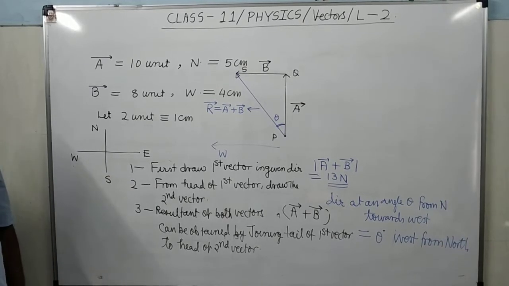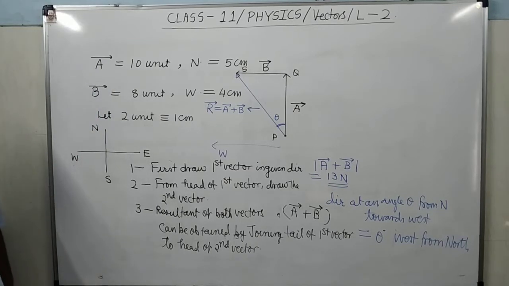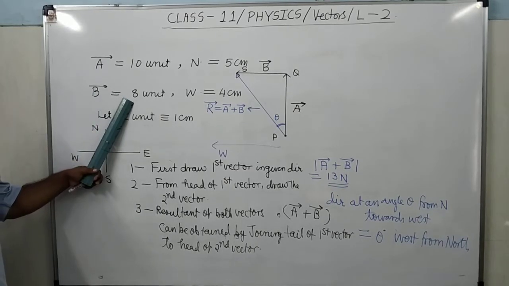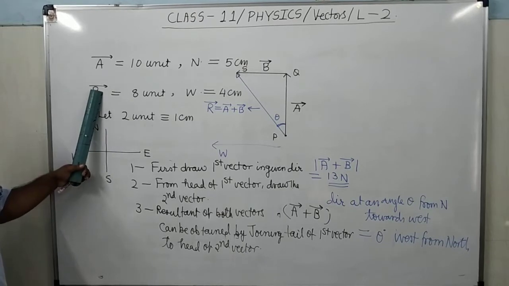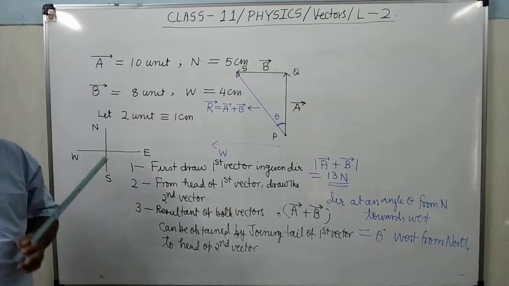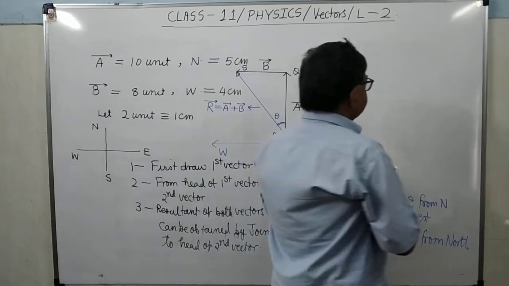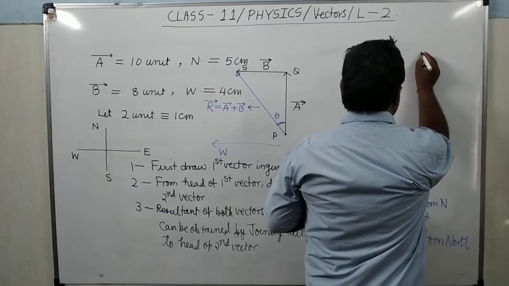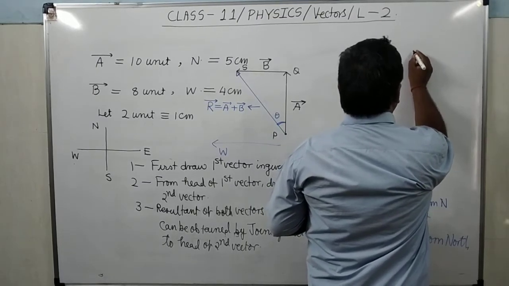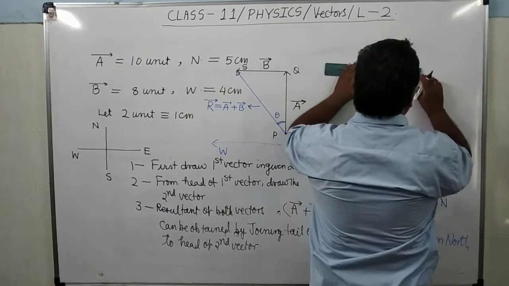It is clear? Now here it is not necessary to draw vector A first. You can draw vector B first, and then from the head of vector B we will draw vector A. You can see here, I am showing it. First you draw vector B. With respect to this point, the west direction is on this side.